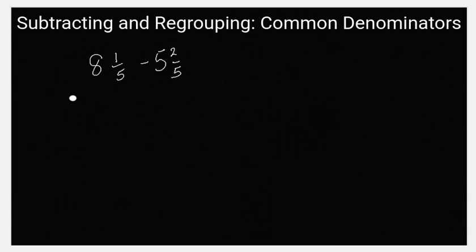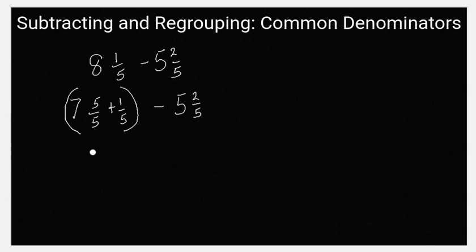So that would be 7. By now you should have a hang of it. 7, 5 over 5. Why are we using 5? Because the denominator right here is 5, plus 1 over 5. Let me put this in parentheses so it's not confusing. Minus 5 whole number, 2 over 5.